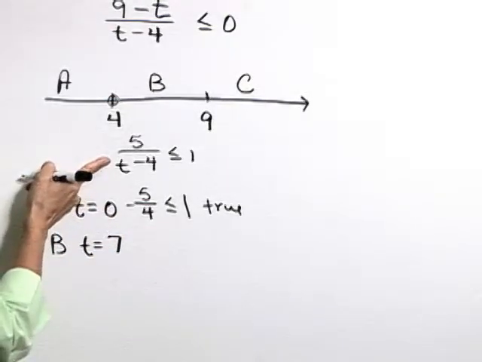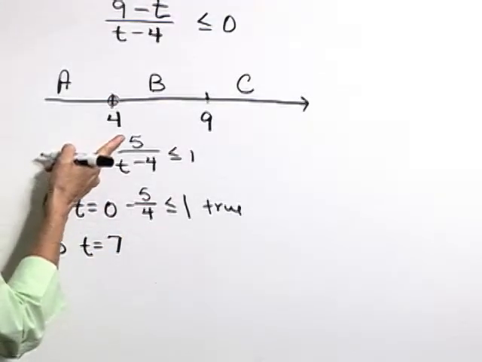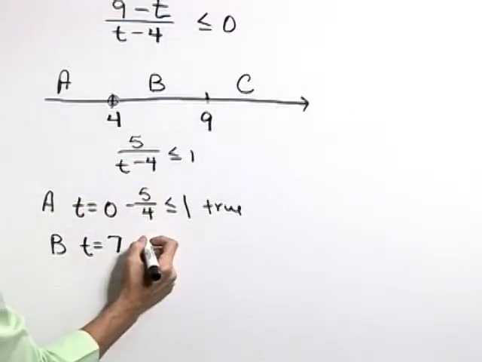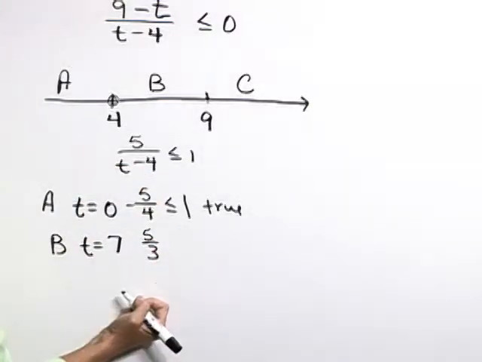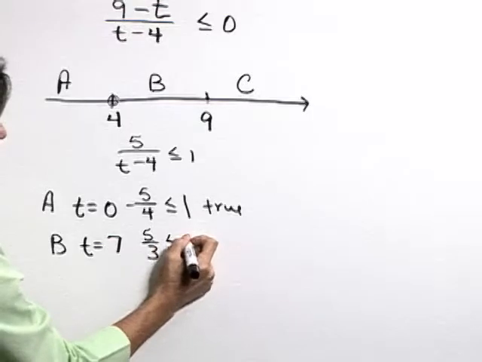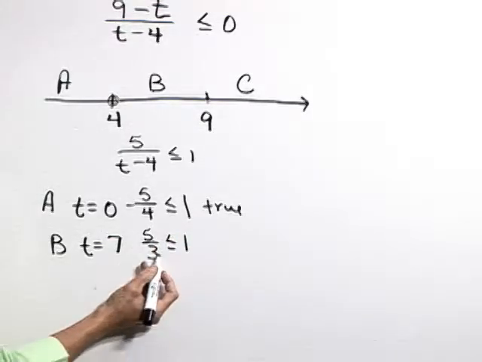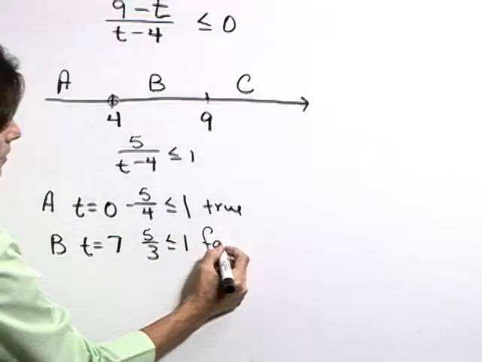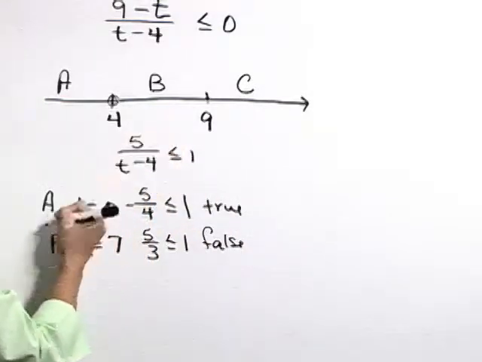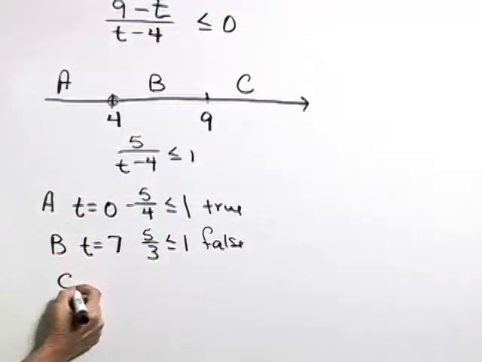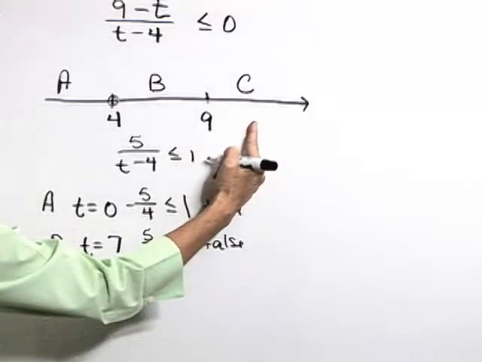From interval B, let's choose a value from between 4 and 9, like say t equals 7. And let's check it in this inequality. Is 5 over 7 minus 4, that's 5 over 3, less than or equal to 1? No, that is false. Those values do not satisfy our inequality. Lastly, from interval C over there, let's choose a number that's larger than 9.